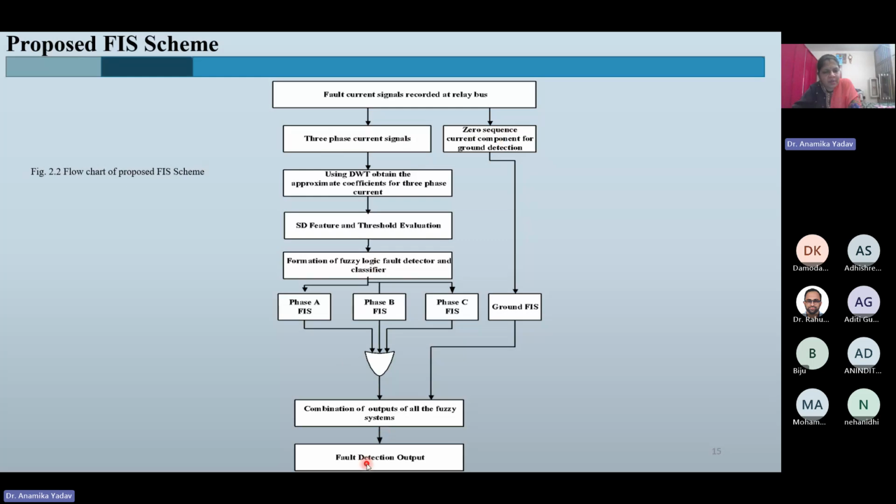So in fuzzy logic, the current signals are not directly taken as input; the specific features of the current signals are calculated using the discrete wavelet transform. We calculate the approximate coefficients of the three-phase current signal and then apply the standard deviation.